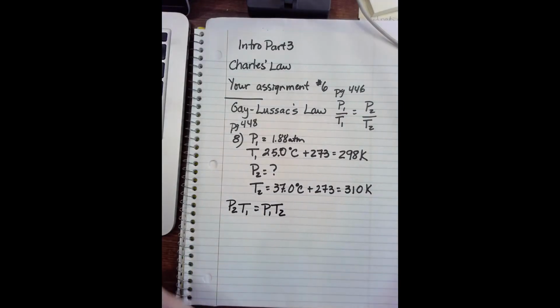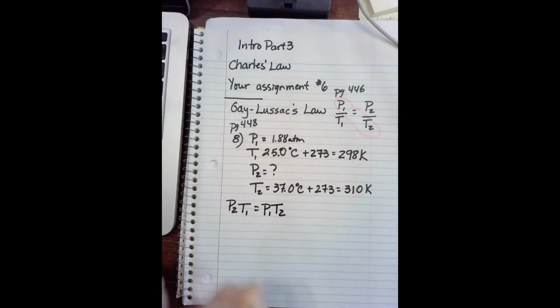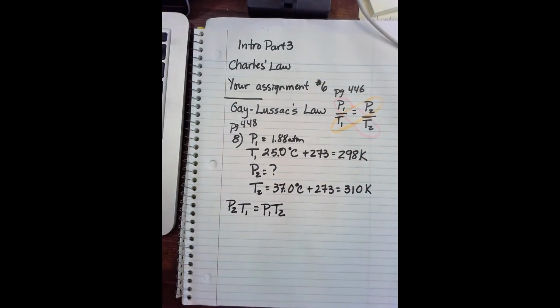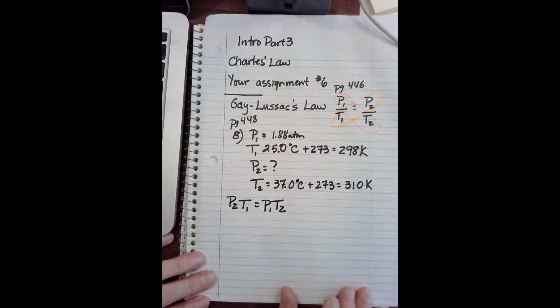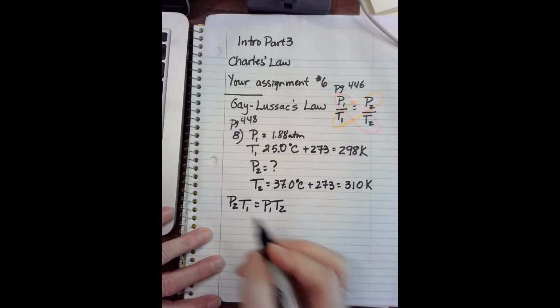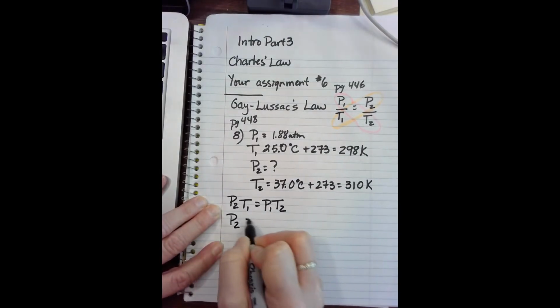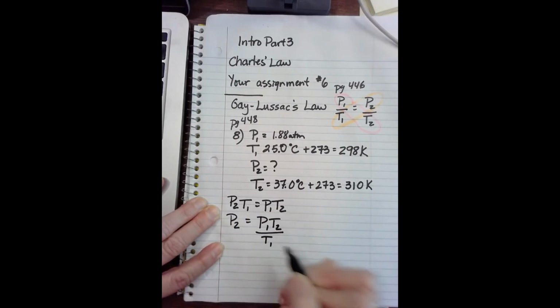Those get multiplied by each other, and it's equal to these get multiplied by each other. I think you had a math teacher. Didn't Coach Presley call that the butterfly? Doing the butterfly there. So if we are going to solve for P2, then it's P1 T2 divided by T1.